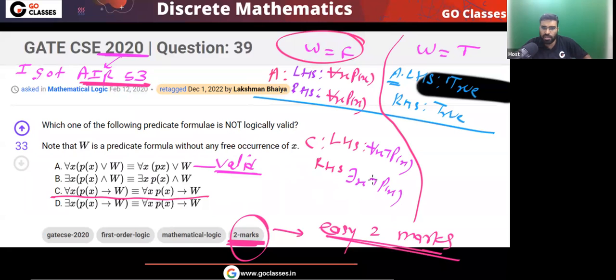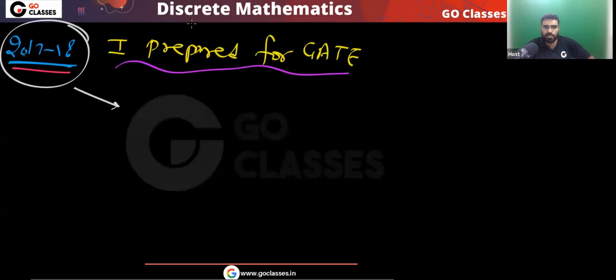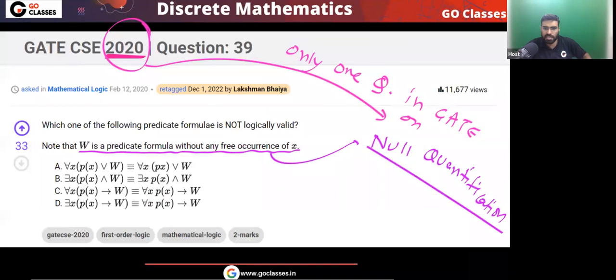So they are definitely not equivalent. Here you can stop and say they are not equivalent when W is false, so this is invalid. Very easily, you can solve all these questions. Anyway, let's move on. So these were easy 2 marks.